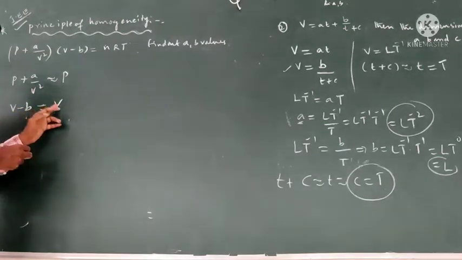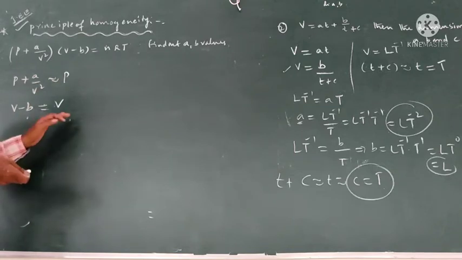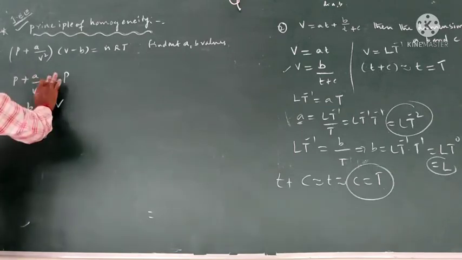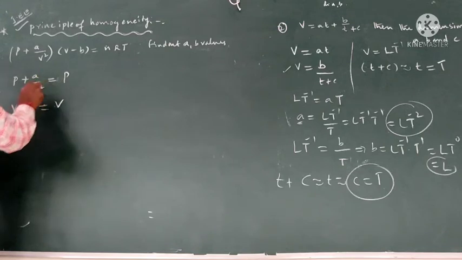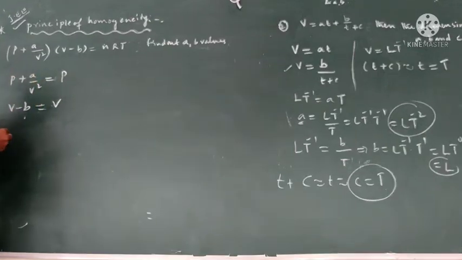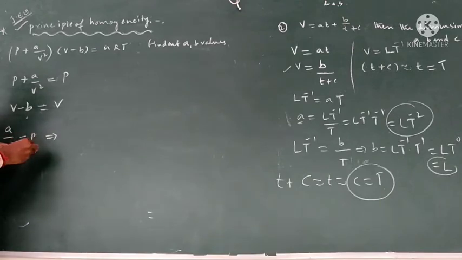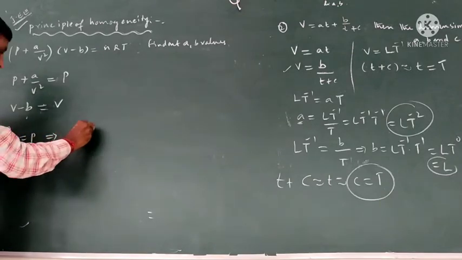So V minus b is equal to V and P plus a by V squared is equal to P only. Based on this principle of homogeneity, we can easily find the a value. So a by V squared is equal to P, that is a is equal to P into V squared.